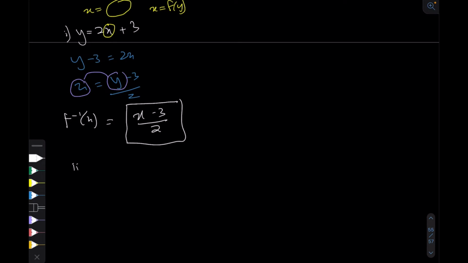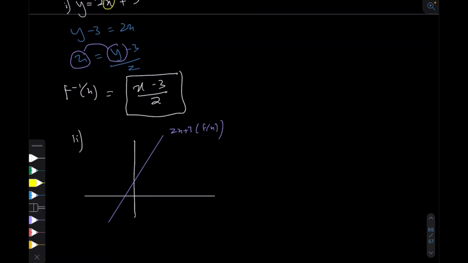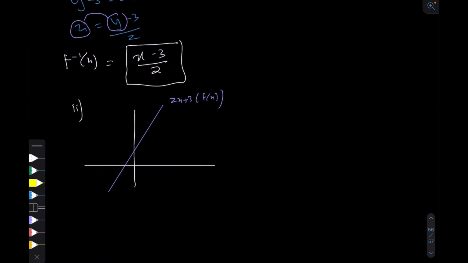Number two, how do you sketch inverses? Well, let's just draw this, right? So this is what 2x plus 3 roughly looks like. So this is f of x, right? And one thing to note is that inverses are actually reflections of functions in the line y equals x, right?